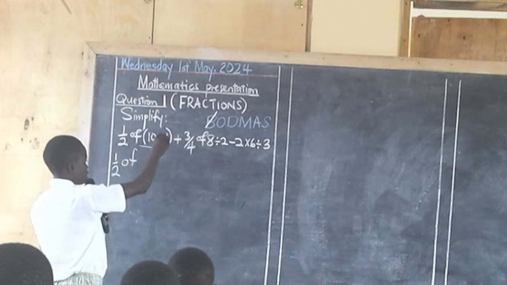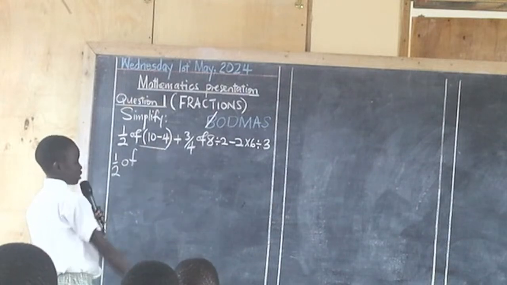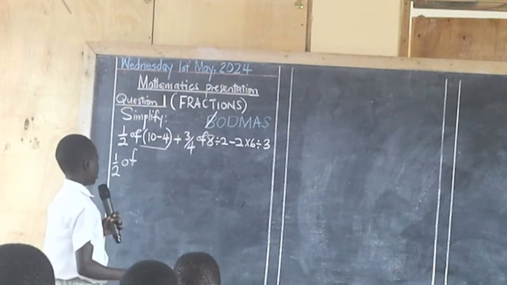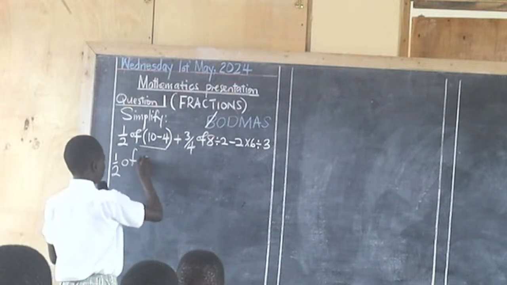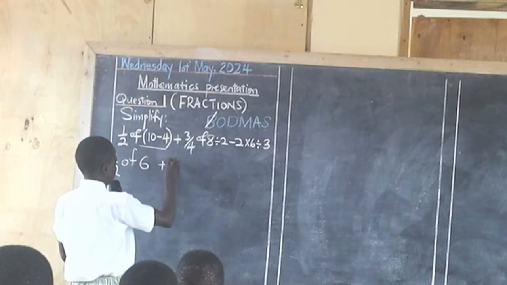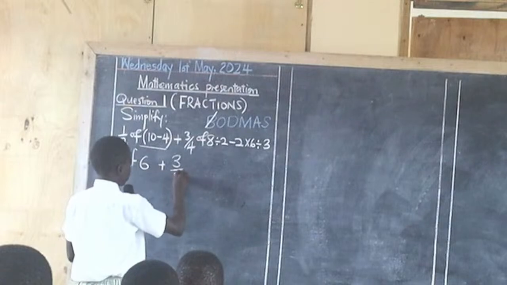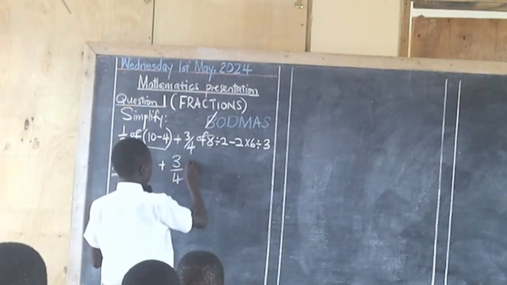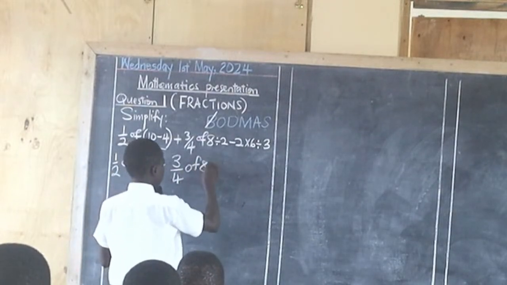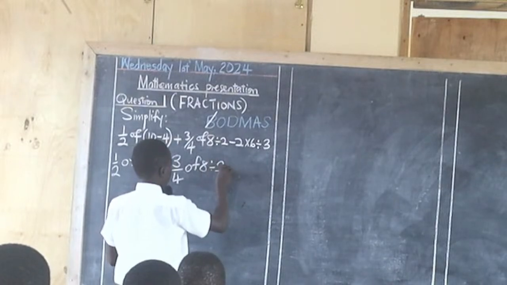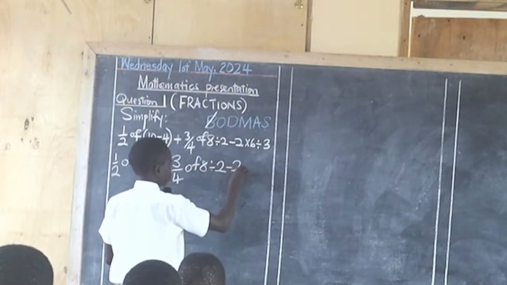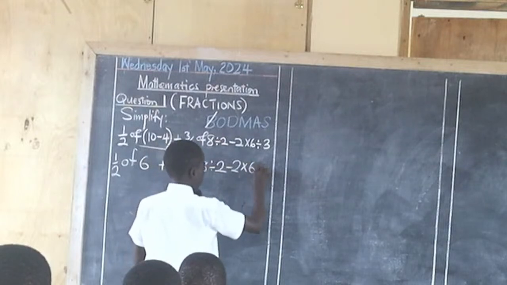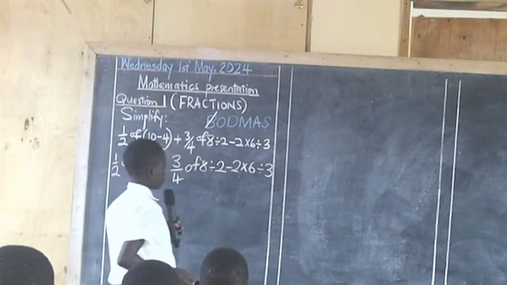We are going to simplify the brackets first. 10 minus 4, which is 6. So it's going to be a half of 6 plus 3/4 of 8 divided by 2 minus 2 multiplied by 6 divided by 3.